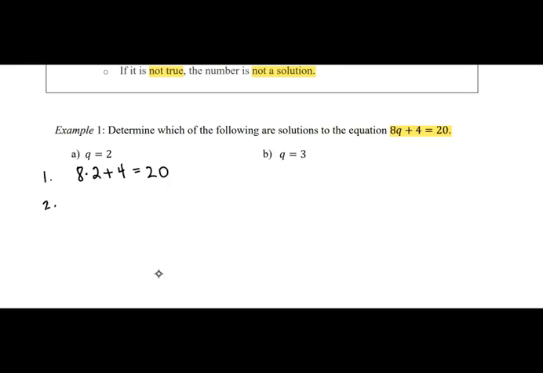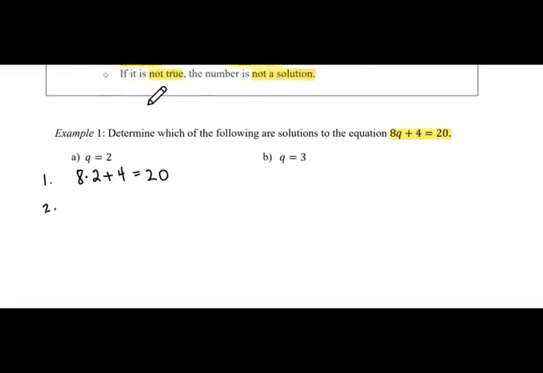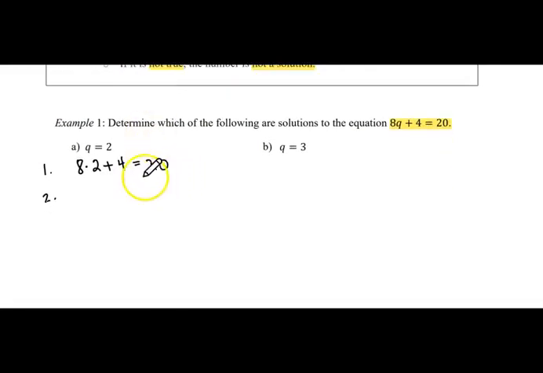In step 2, I need to simplify the expressions on both sides of the equation. On the right side of the equation, everything's already simplified. I have a number. But on the left side, I have 8 times 2 plus 4. So I'm going to simplify that. 8 times 2 is 16, and 16 plus 4 is 20.